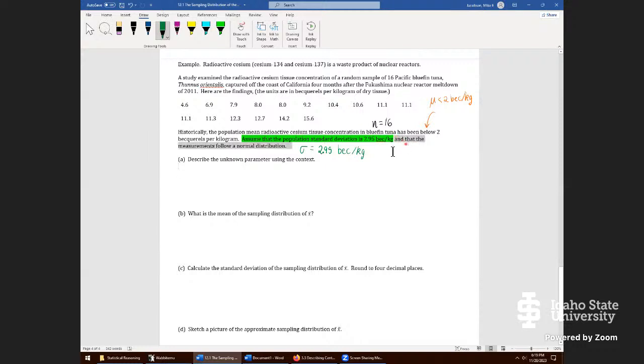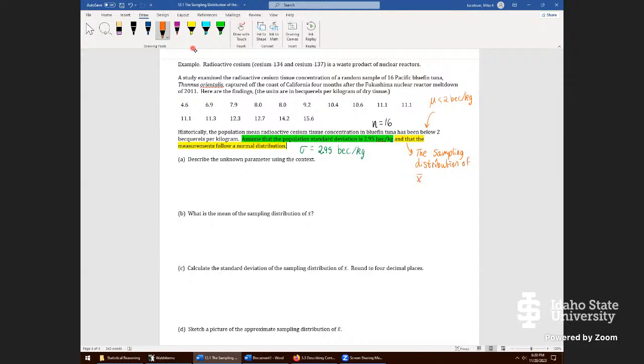The next statement they say here, the measurements follow a normal distribution. That's a huge assumption as well. This tells us immediately right here, the sampling distribution of X bar.